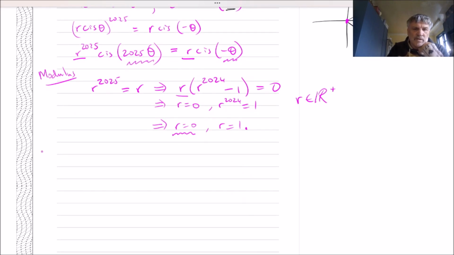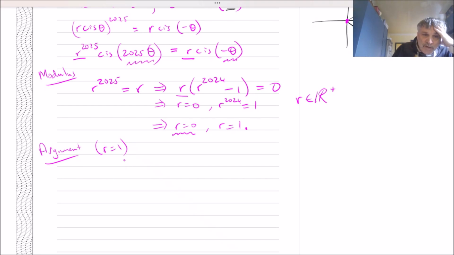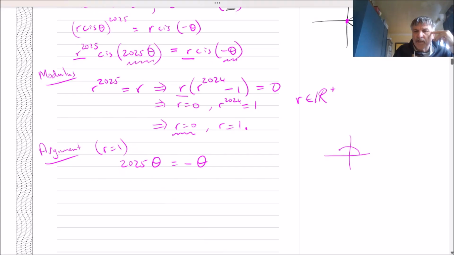So let's move on to the argument. Doesn't matter for r equals 0, but it matters when r is 1, and the two arguments up here have to be the same. So 2025 theta has to equal minus theta, but of course there's the standard complication that to get theta you can go around a full circle and then add on theta.